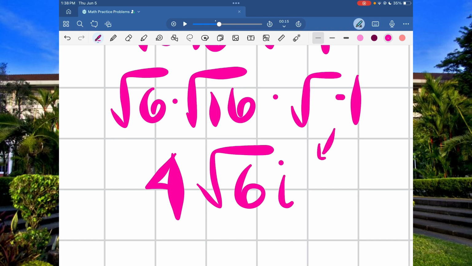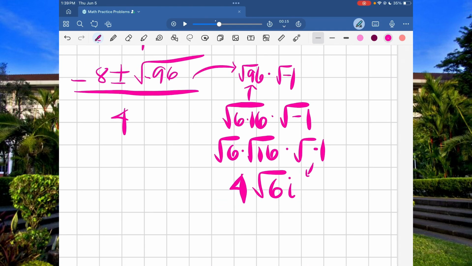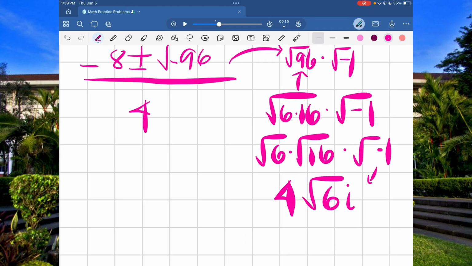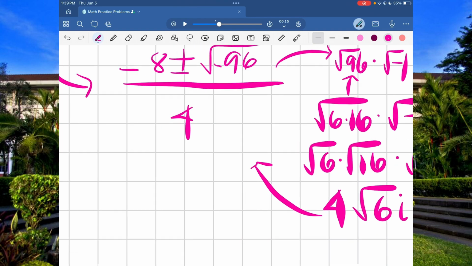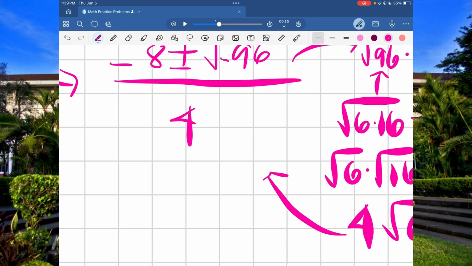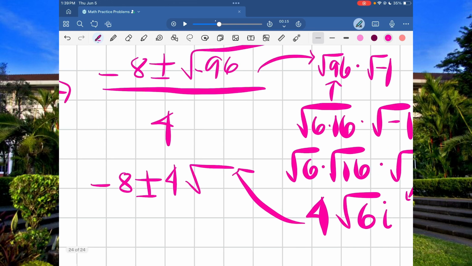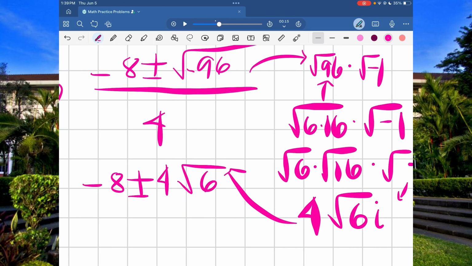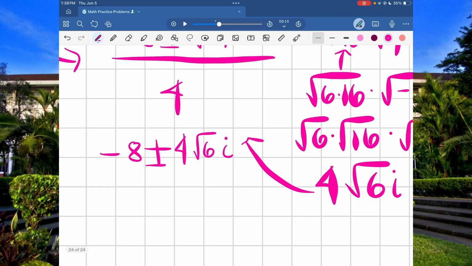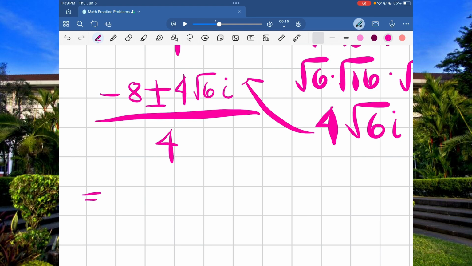The square root of 6, and we have the i. From here, we are going to substitute that. So we'll have negative 8 plus or minus 4 square root of 6i, divided by 4.